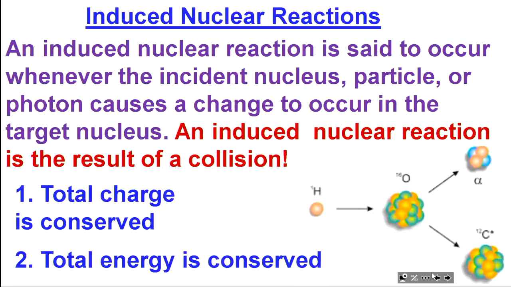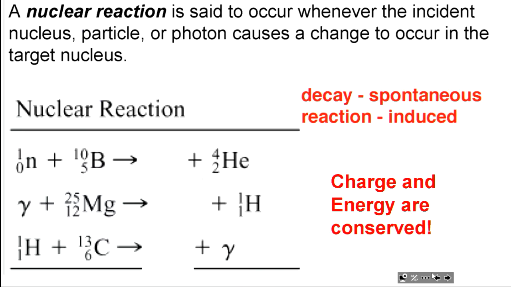So we shoot particles at nuclei, and they collide, get excited, more energy, get unstable, and then decay, split. This is what we call the induced reaction. But for any reaction, spontaneous or induced, we still can use two laws: the law of conservation of charge, the law of conservation of energy.